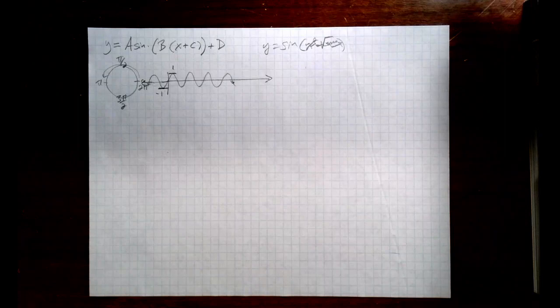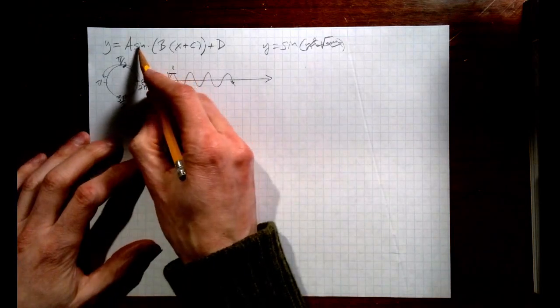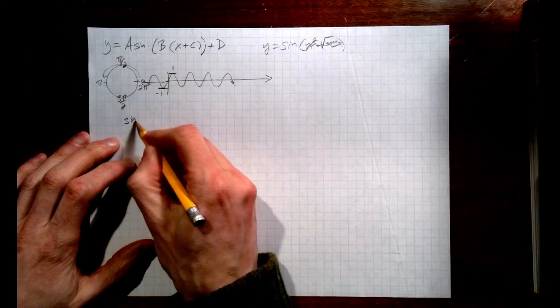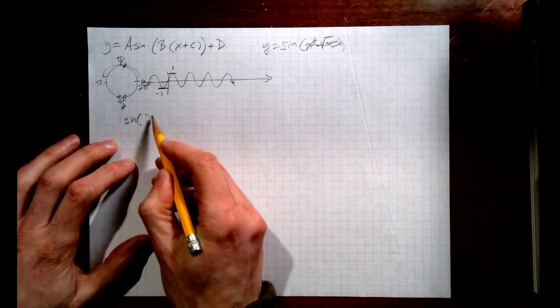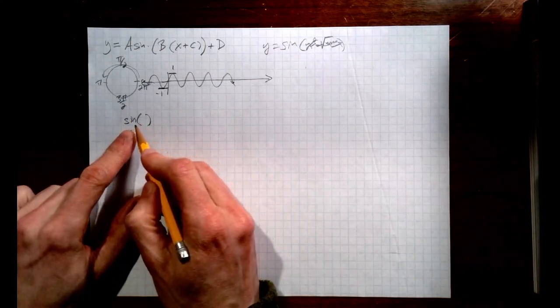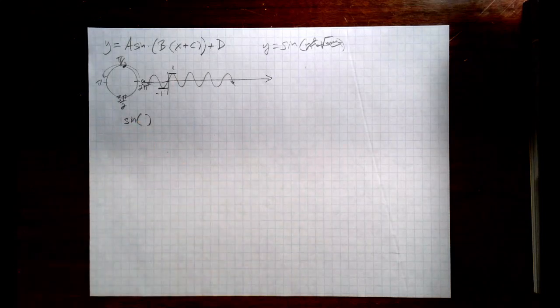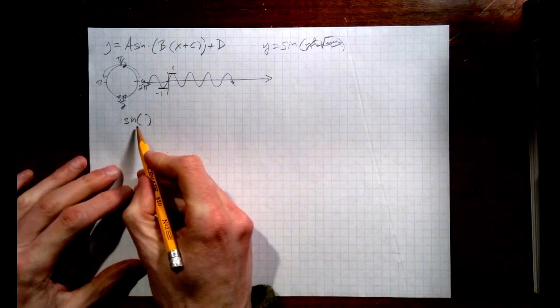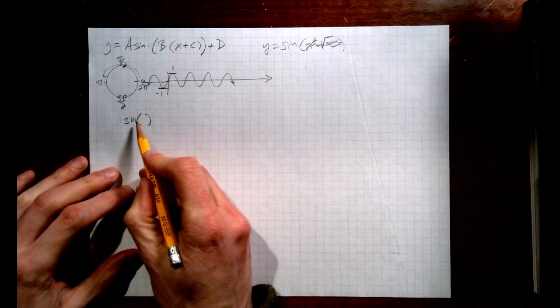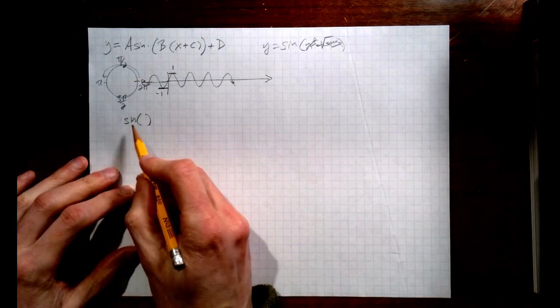I've said that about 3 times now because I want you to think of sine of something as a little machine that just goes up and down between -1 and 1. And just stare at this until it feels like that's what it is.